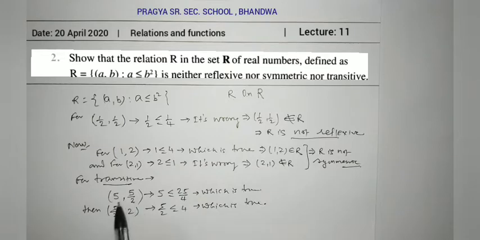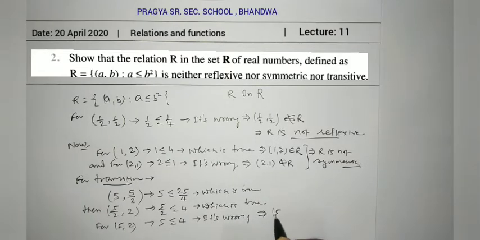But if you check, for transitivity, given (A, B) and (B, C), there should be (A, C). So now we will check for (5, 2). We get A less than or equal to B square: 5 is less than or equal to 4. But we can see very clearly 5 is greater than 4, so it's wrong.